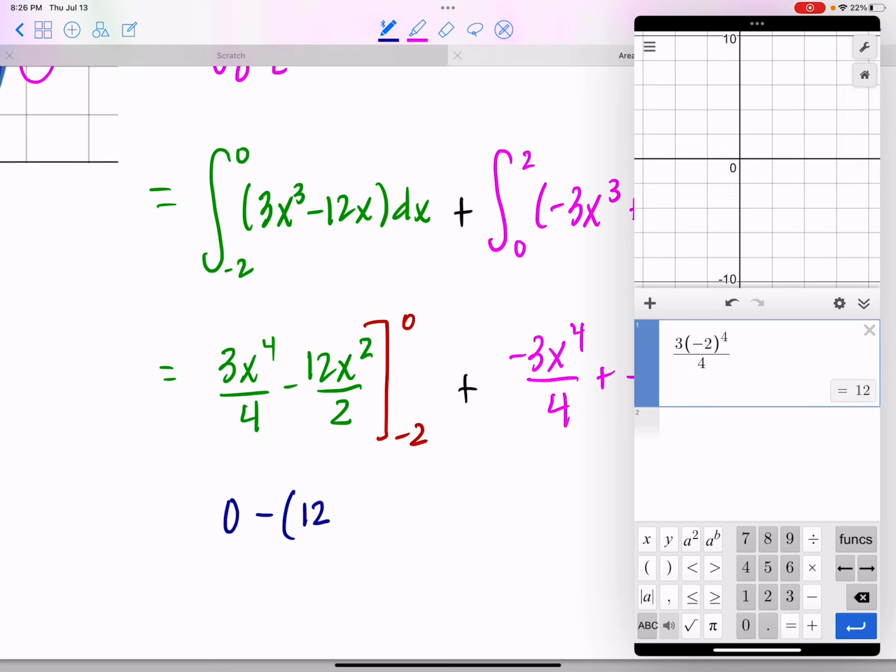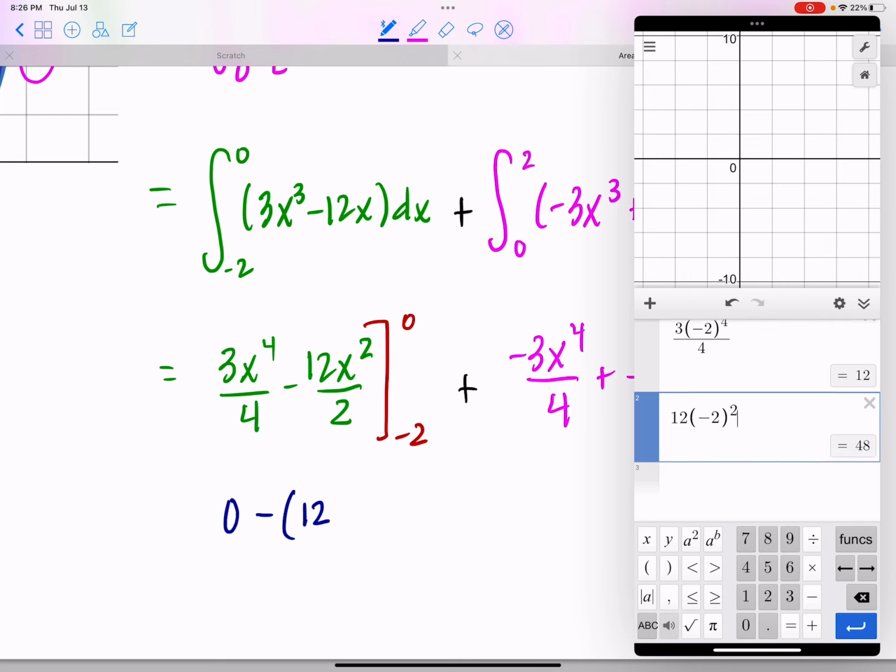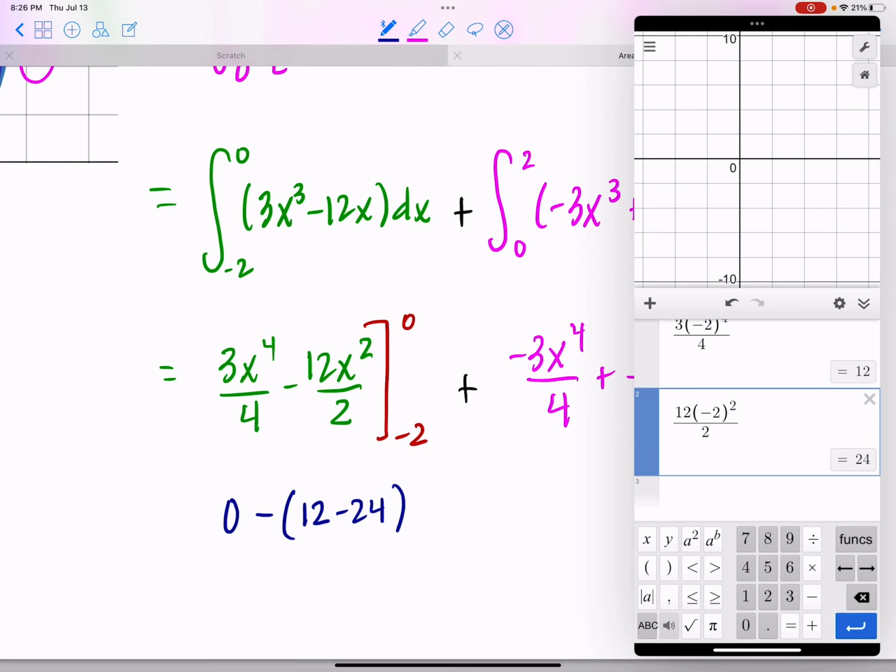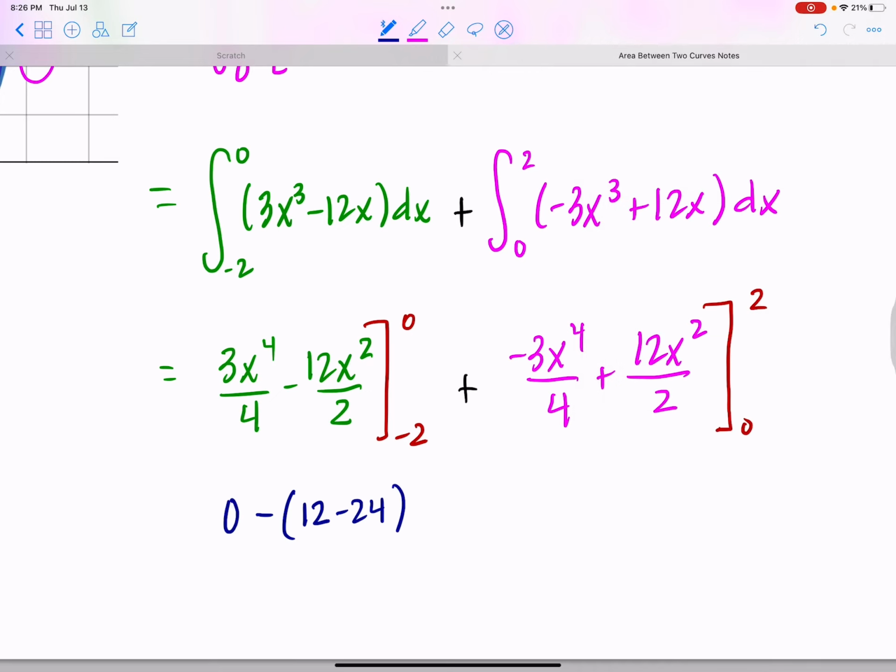And then plug in, let's see, 12 times -2 squared divided by 2 is 24. And I need to subtract that. Did I forget that? I sure did. I think I forgot to do the second. You're probably like, what, is she stupid?